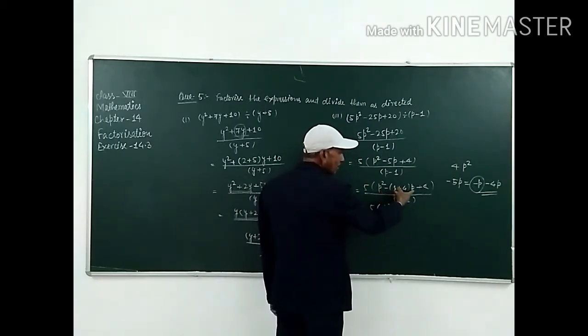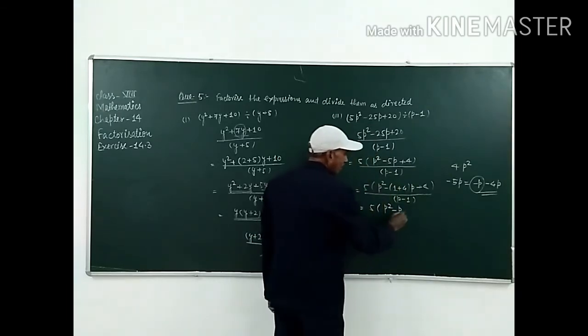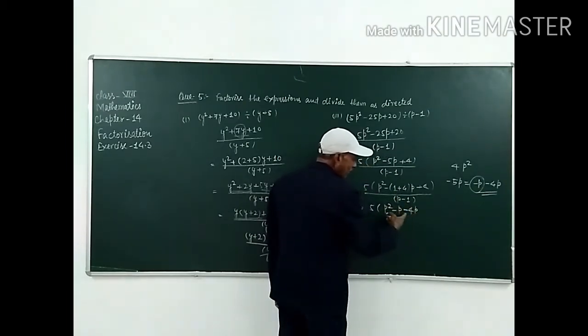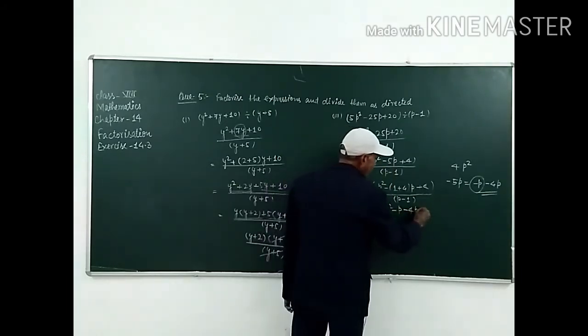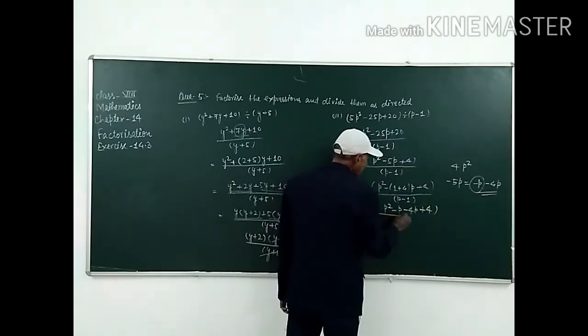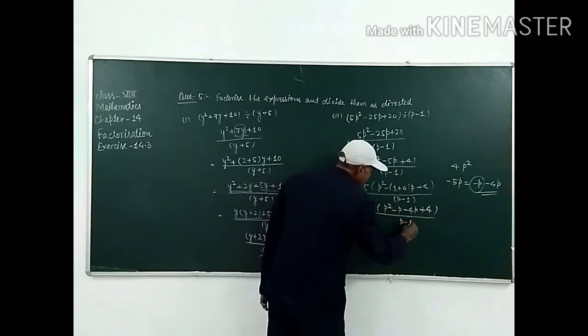This one, p into 1, that is 1p, and this one minus, so we can write it minus p. We need not write 1 here. Then it will be minus into plus, it will be minus 4p. Minus 4p and minus p, it will be minus 5p, student, plus 4, and denominator will be p minus 1.